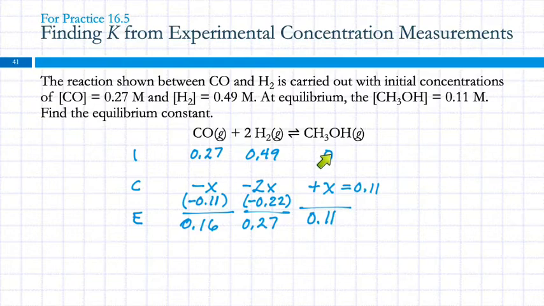If that was 0 and now it's 0.11, this must have changed in that it increased by 0.11. If this increases 0.11, for every 1 mole of this, I lose 1 mole of that. So if I'm increasing 0.11 moles per liter of this, then I'm losing 0.11 moles per liter of that.